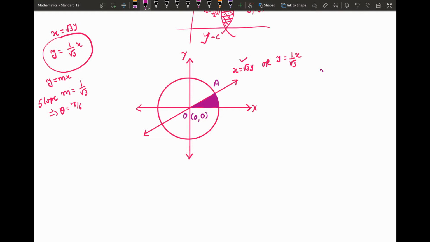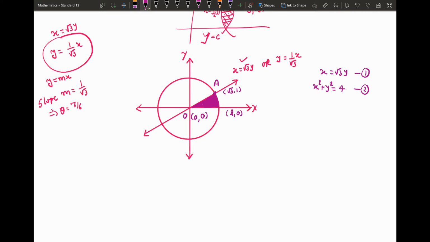If we solve the two equations x equal to root 3y and x square plus y square equal to 4, a circle with center 0, 0 and radius 2, then in the first quadrant the point of intersection A is root 3, 1.